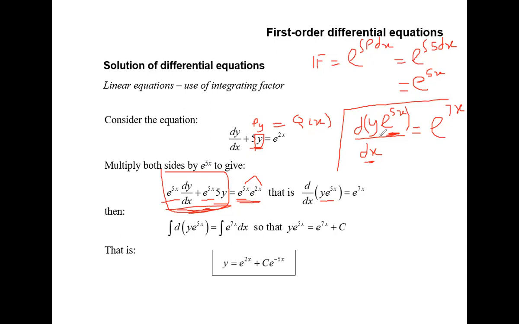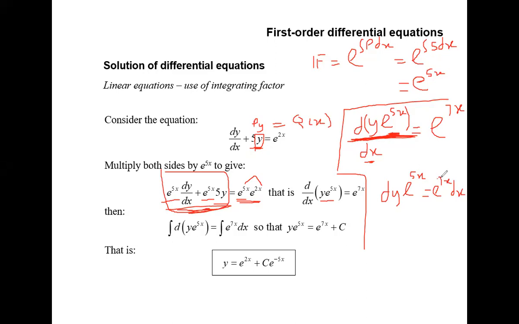But let's not forget this is in the derivative, so you just can't move it out like that. So what we can move will be the dx. So what we write is d(y e raised to the power 5x) is equal to e raised to the power 7x dx. So this is the best we can do.